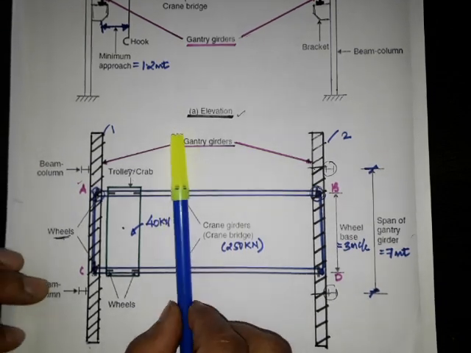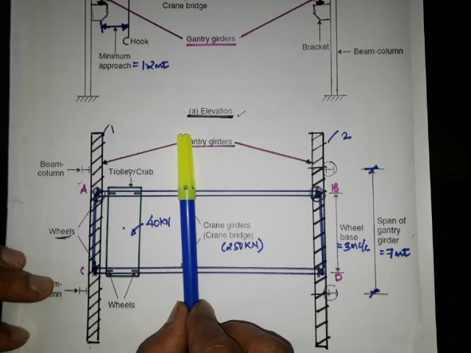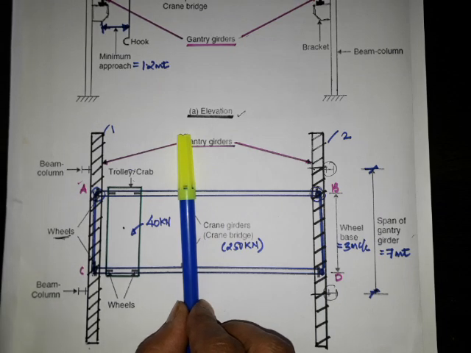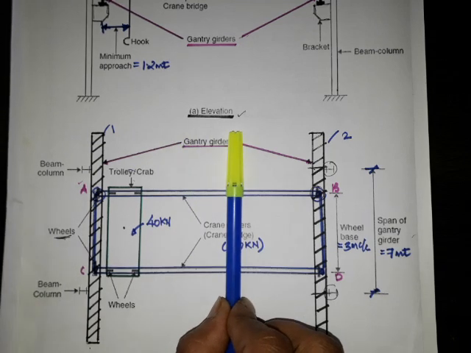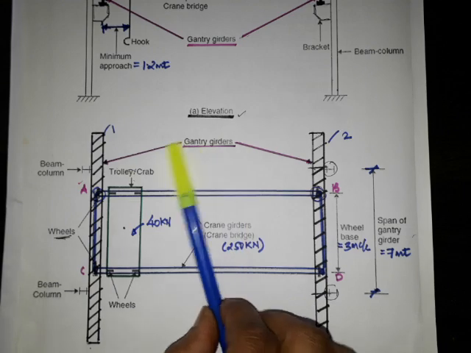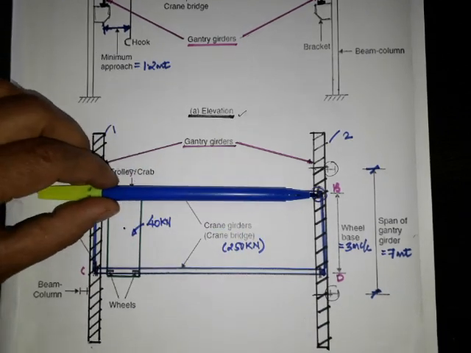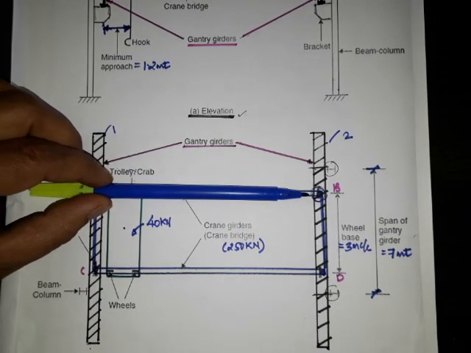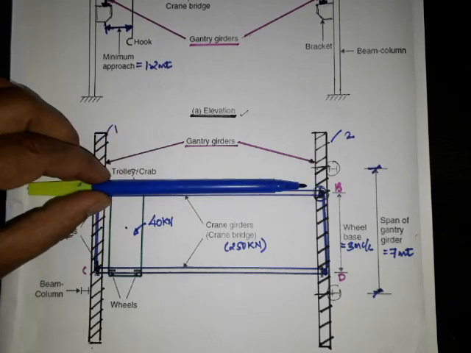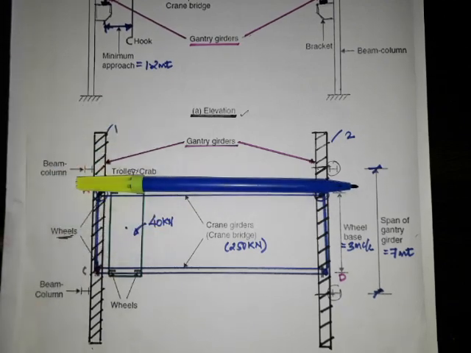So see, the trolley will move like this, correct? If you suddenly start, it will develop a lateral jerk. Or if the trolley is moving and you apply the brake to stop, it will try to push or pull the gantry girder, giving a lateral force. It is called a lateral load or a horizontal load. So at that time we have to consider the extra load, which is called the lateral load.